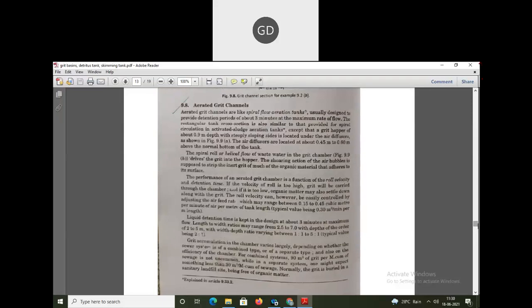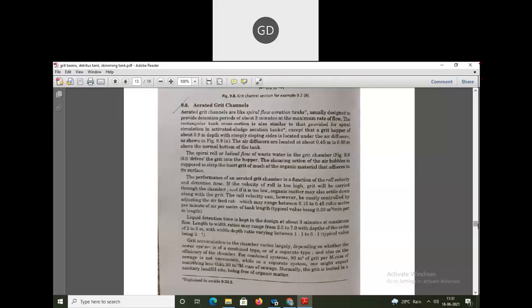Here the performance of this grit chamber depends on the roll velocity and the detention time. Since it has a spiral type of flow, if the velocity of the spiral or the roll is very high, the grit will be carried through the chamber.